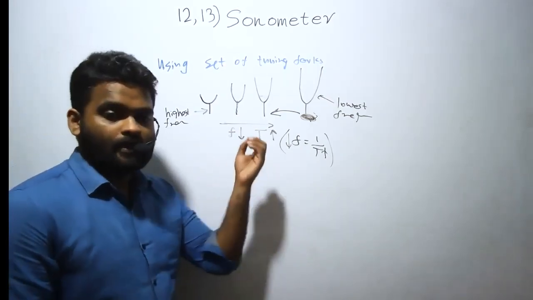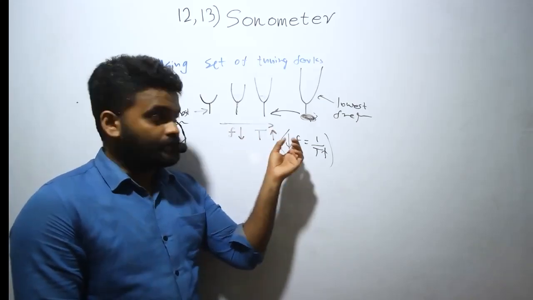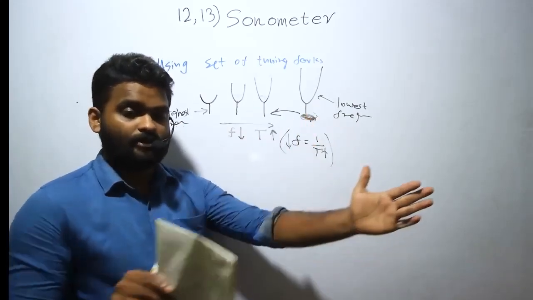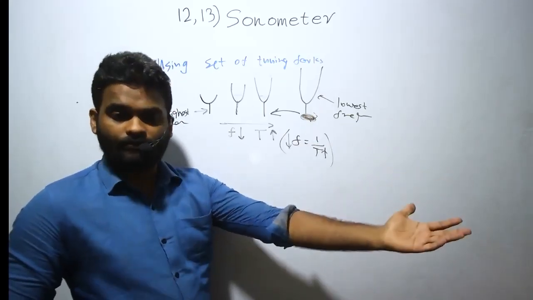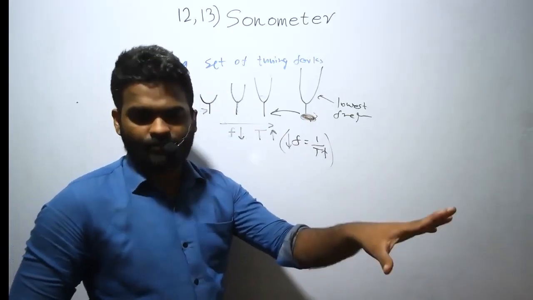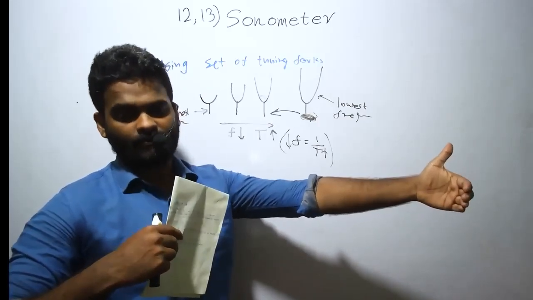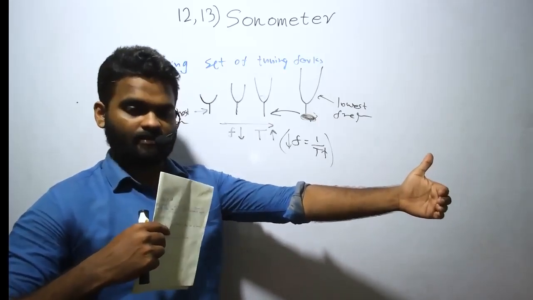Right. So what did we do? We got the lowest frequency and made sure that the length is going to be enough for all the tuning forks. We still didn't start the experiment. We just made sure that the sonometer length is enough.